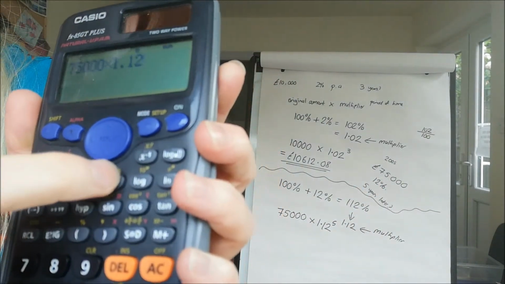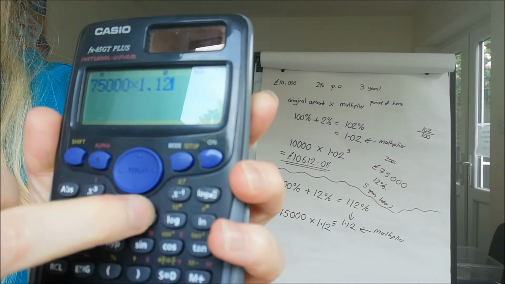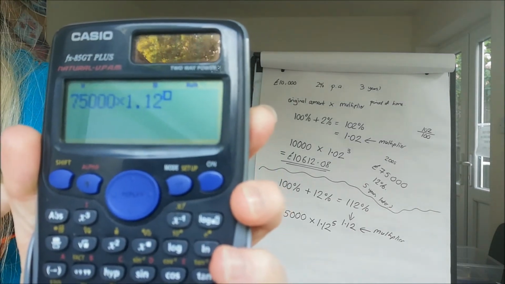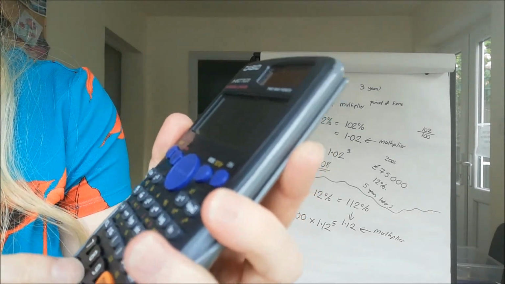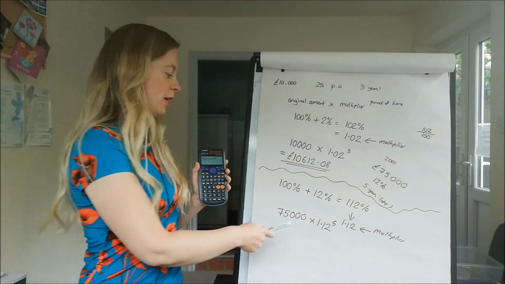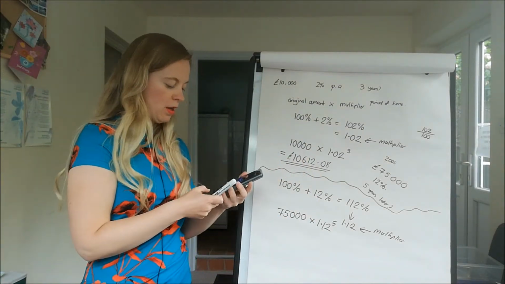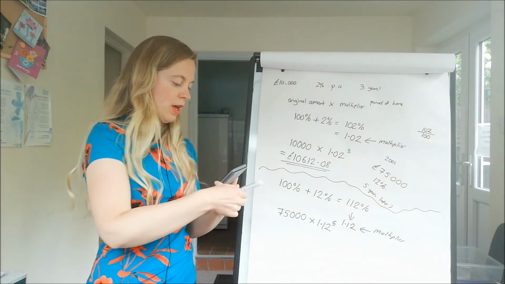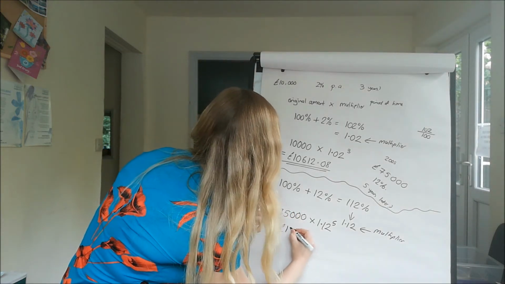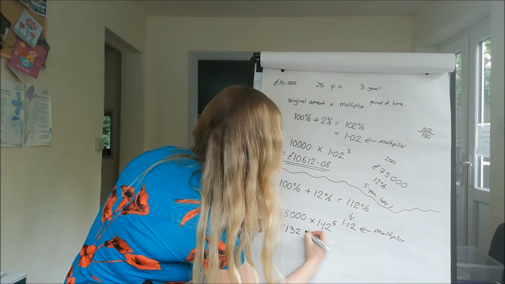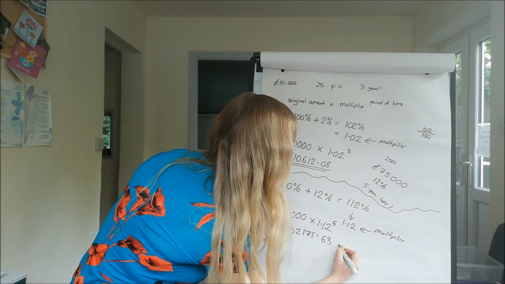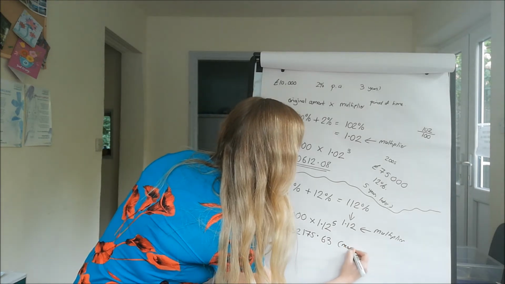I'm going to press the little X with a square next to it to send a square up there next to the 1.12, and in that square I put 5, so that now what I've got in my calculator looks like that, and I press equals, and that gives me 132,175.63 to the nearest penny.